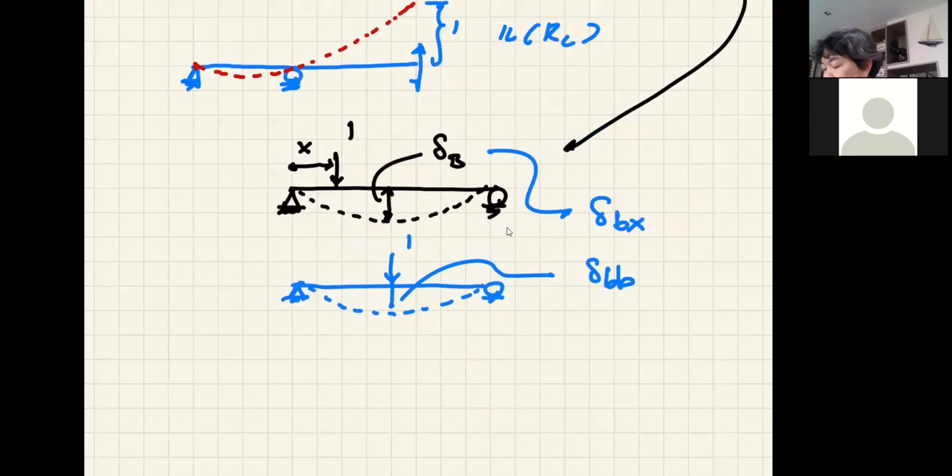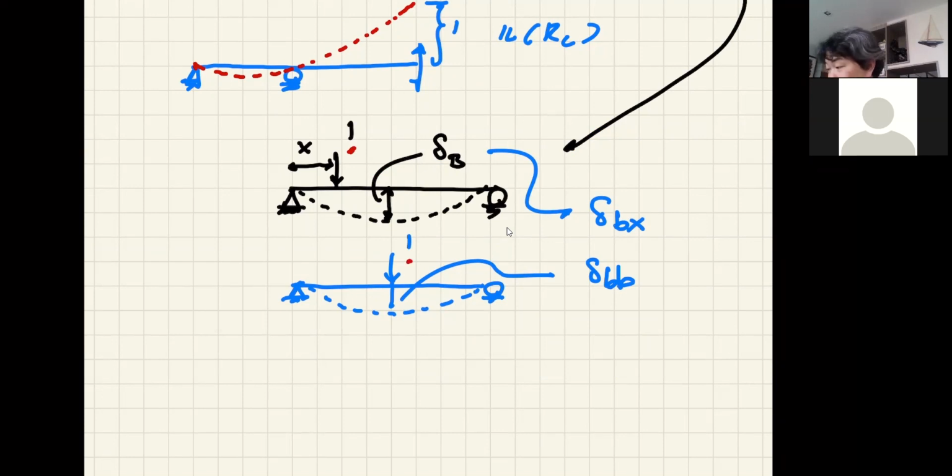Okay. Now, if I want RB when my unit load is at any X location like this, I want my RB, which is right here.